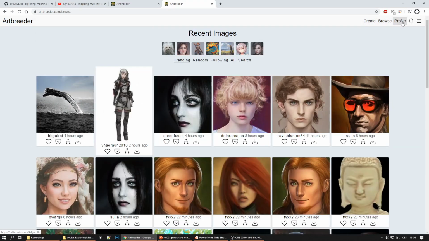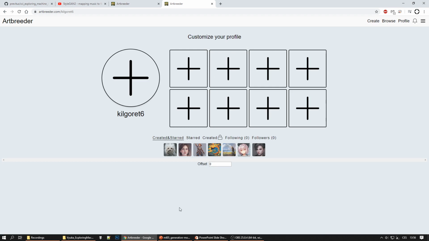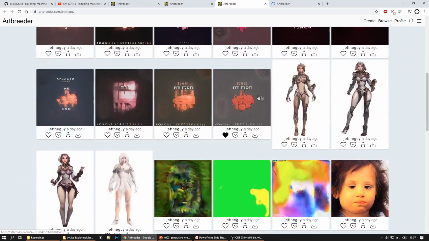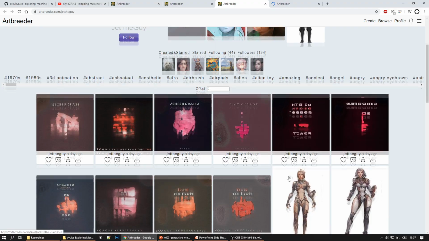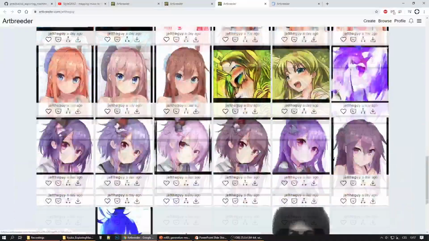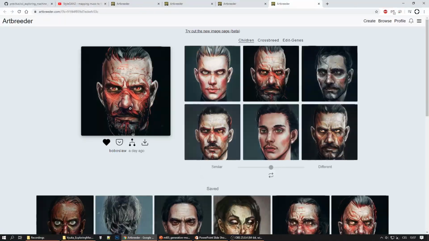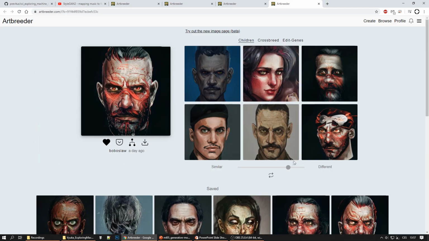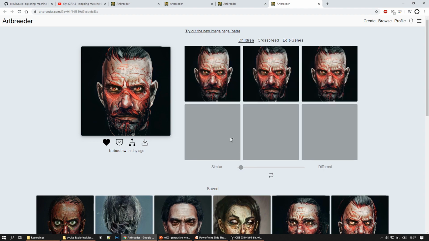So let's see, I think I found some. Right, so you can see that there are different types of imagery in there. They're creating album concept art or faces, or you could use this as a generator for a suggestion of faces for maybe a game or something like that.